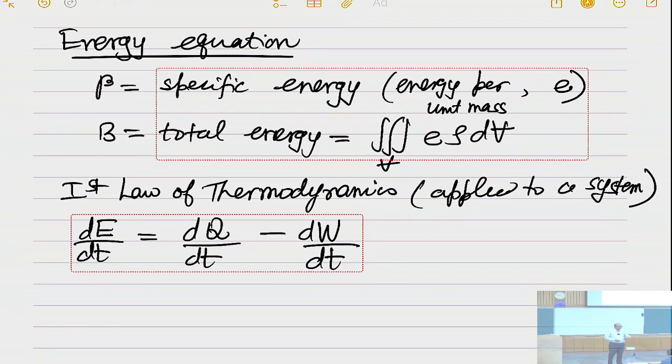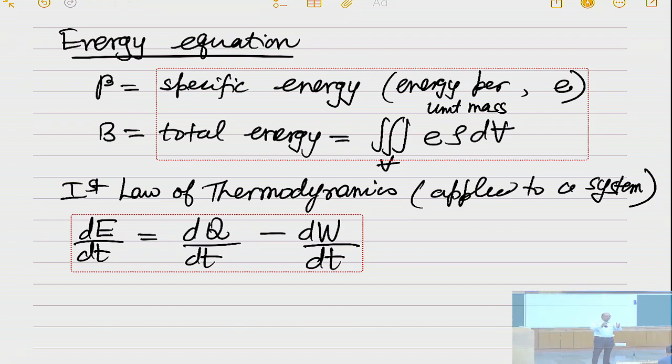I think in physics books it is minus dW by dt. In chemistry books it is plus dW by dt. Because one of them talks of work done by the system, the other talks of work done on the system.